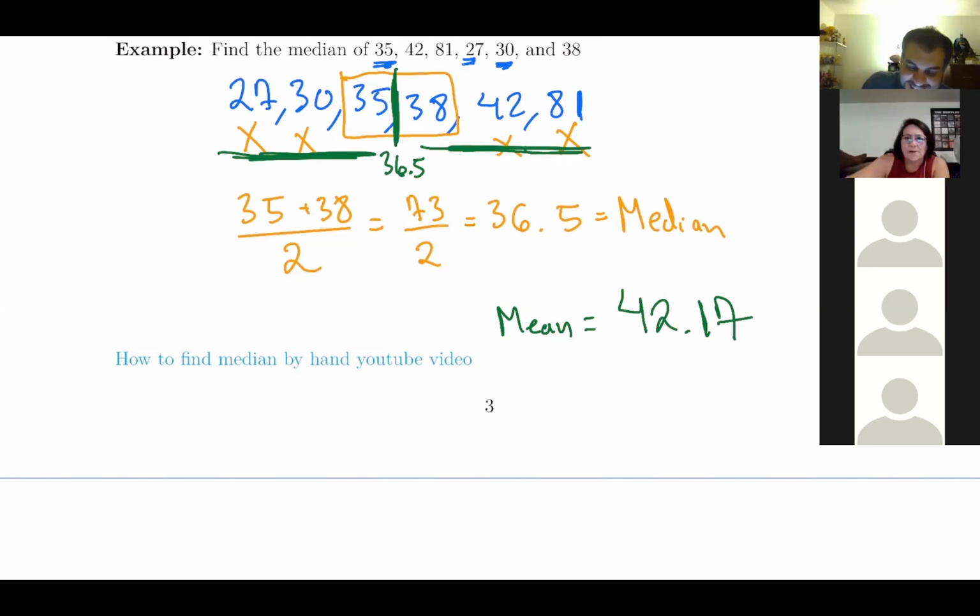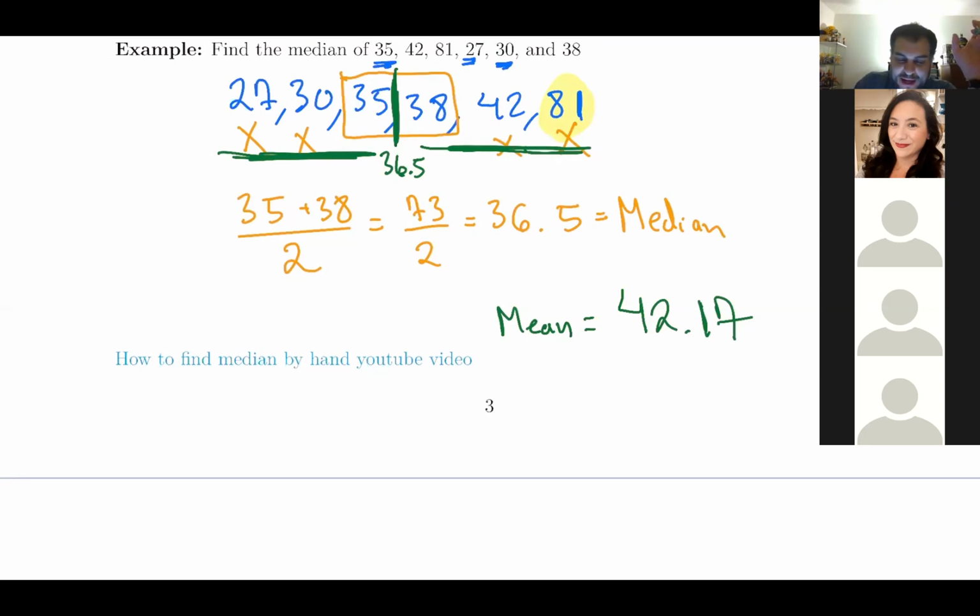Cool, perfect. We're already using cool terms like outlier. Somebody posted on the chat that it's because of the outlier, which I'm pretty sure she's referring to 81. That's the case.